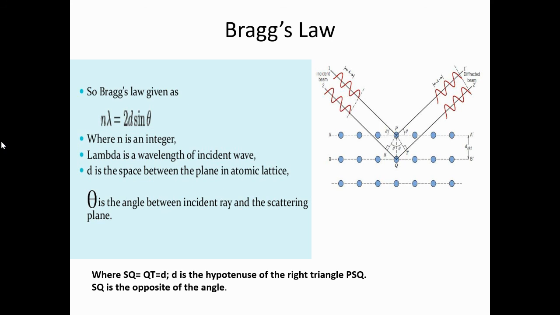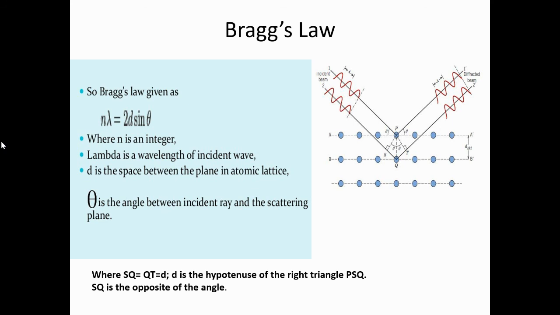So at point Q the second beam scatters, and at point P the first beam scatters. So SQ and QT is the extra distance travelled by the second beam. This extra distance is an integral multiple of the wavelength.